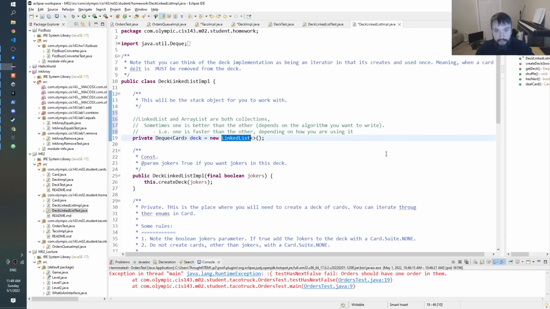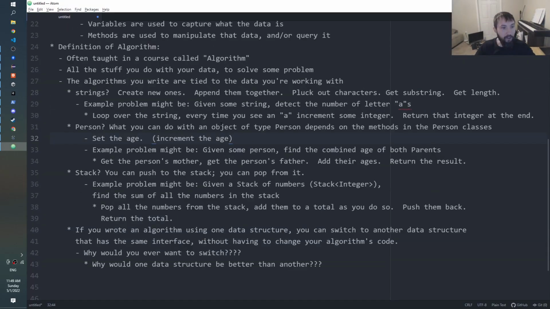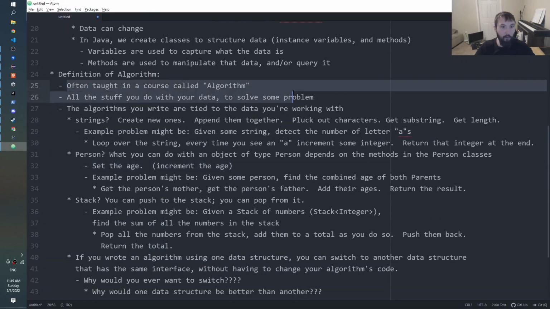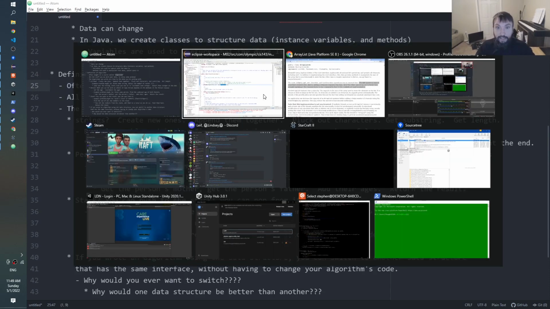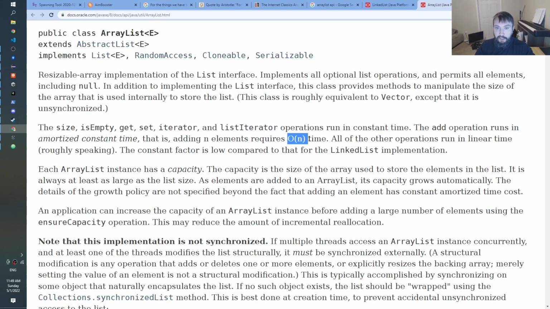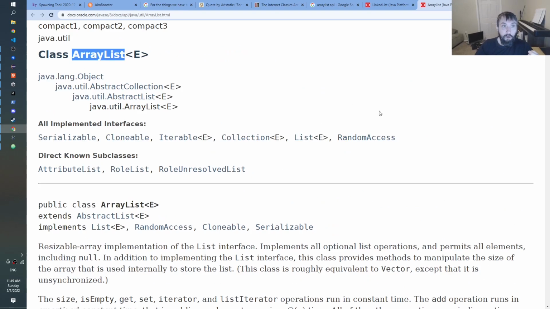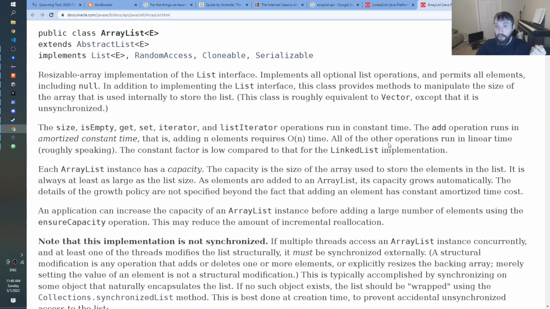That is the kind of sentence that you generally understand after taking some course called algorithms, where you learn about a subject called complexity, which helps you understand this kind of stuff, like it happens in O of n time, or it runs in linear time. The high-level idea here is that some operations on ArrayList are faster than the same operations on a linked list, and vice versa.